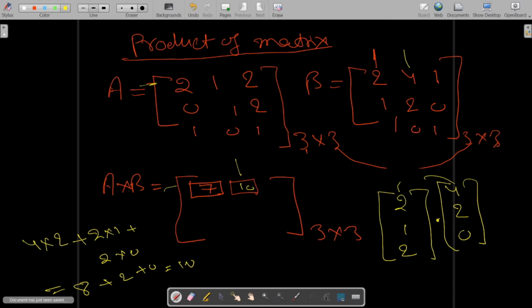Similarly, if you want to find out the value of this, go to the first row and take the third column and find the dot product of those two vectors.